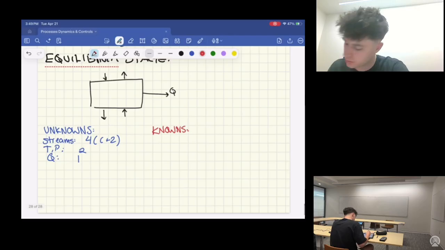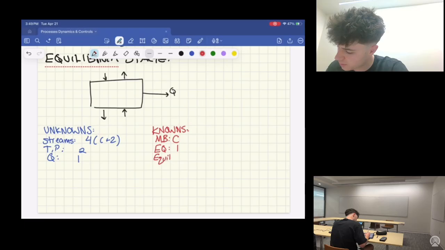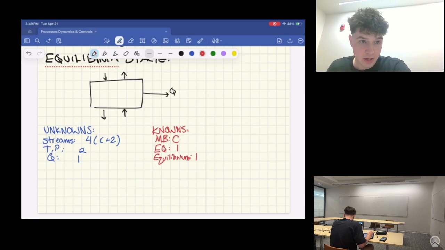And so then for our knowns, our material balance is going to be C. Our energy balance, Q, is going to be equal to 1. And our equilibrium is going to be equal to 1.